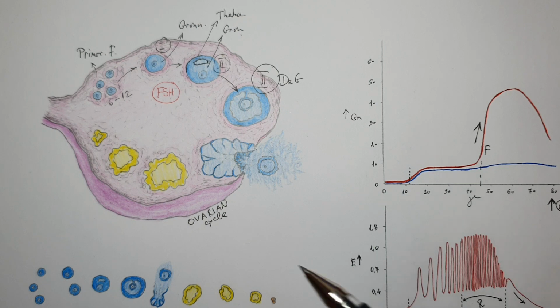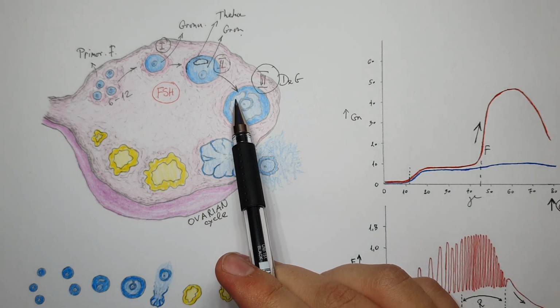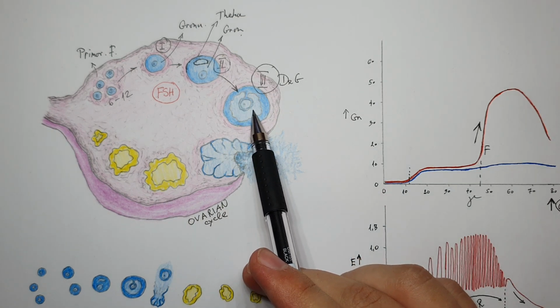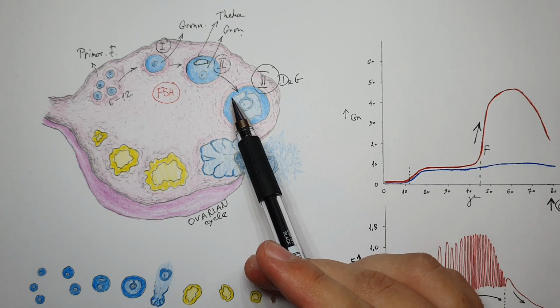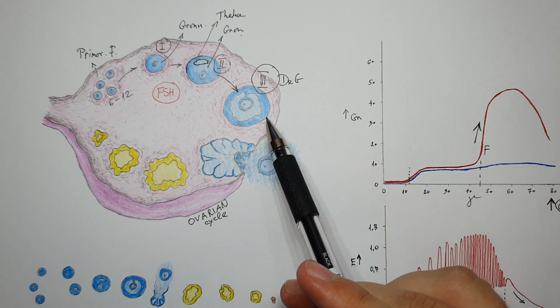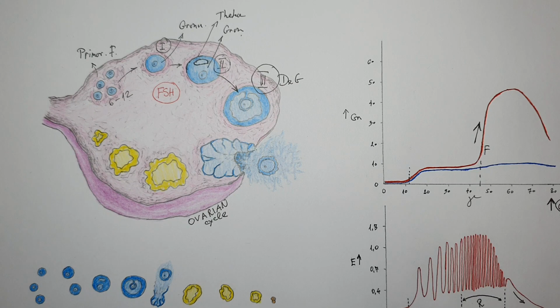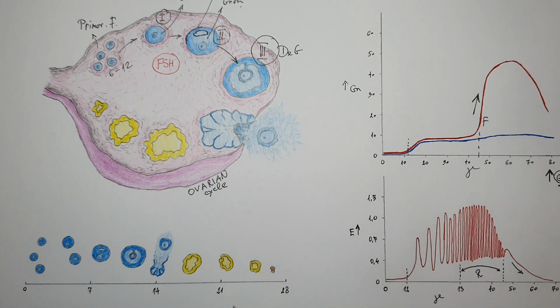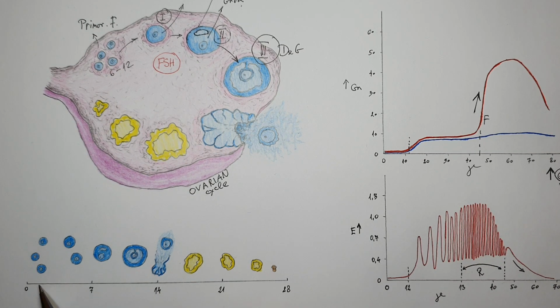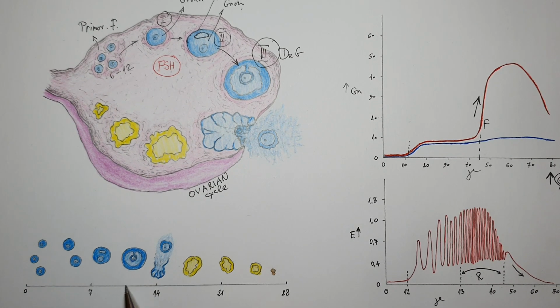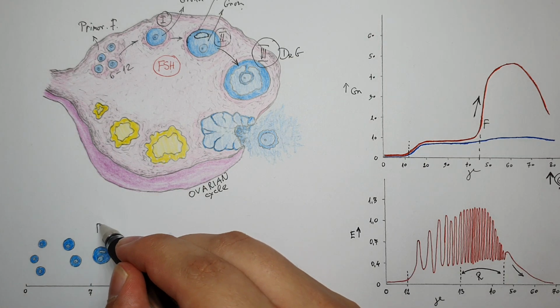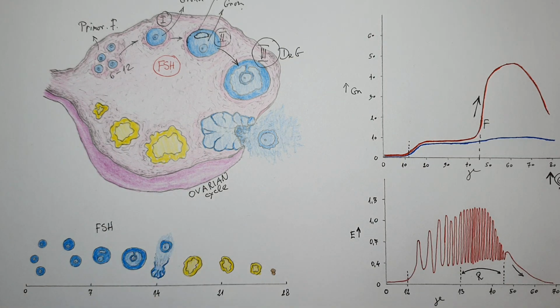This follicle now has a developed egg, a fluid in its antrum filled with many hormones, granulosa cells, and theca cells around it. And this is just before ovulation. So we see in the first part of the cycle, the follicle is developing under FSH, follicle stimulating hormone.